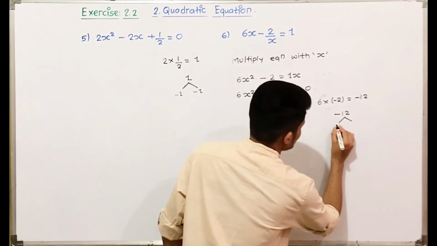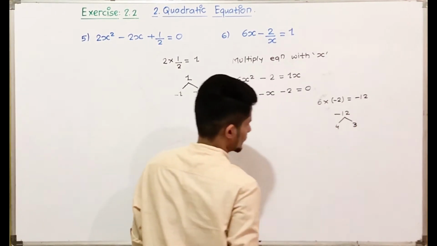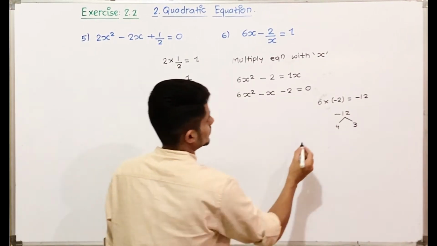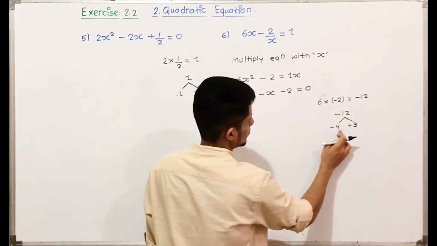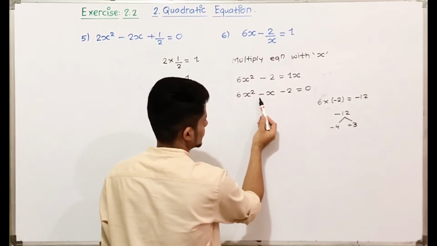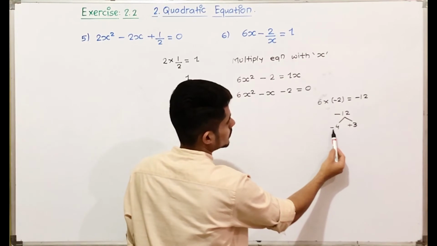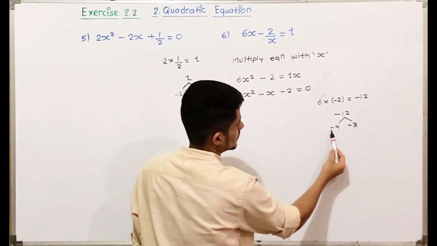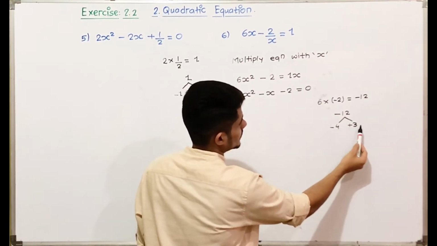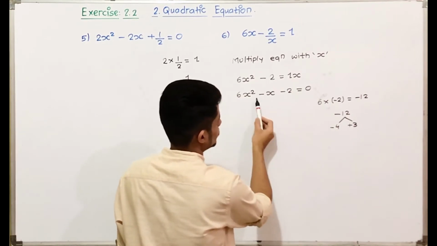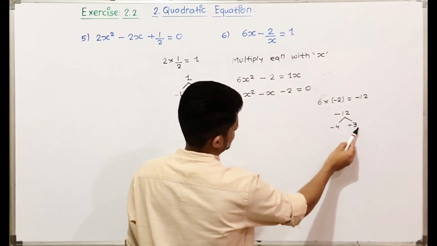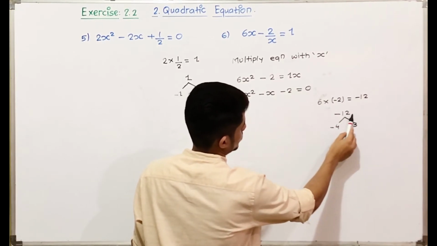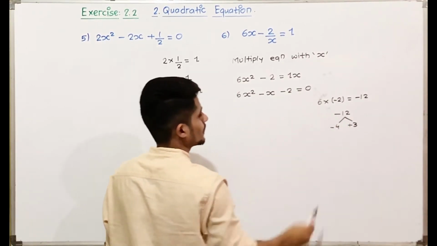So the numbers will be 4 and 3, that is minus 4 plus 3. Why minus 4? Because we want minus 1. So minus 4 plus 3, minus plus minus, 4 minus 3 is 1 and sign of a bigger number. 4 into 3 is 12, minus plus minus, so minus 12.